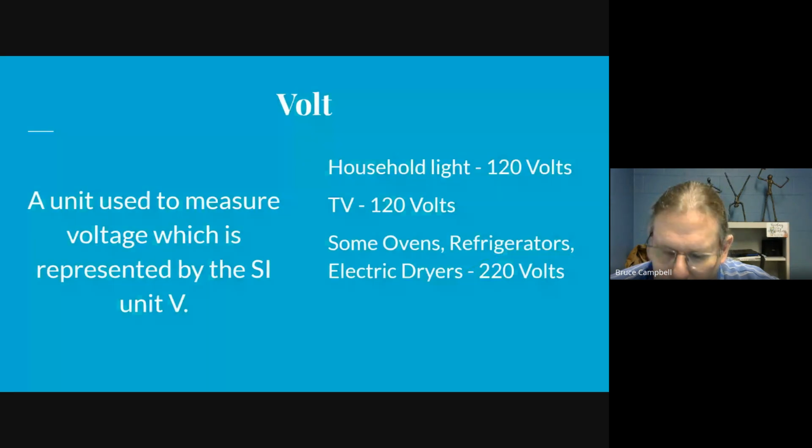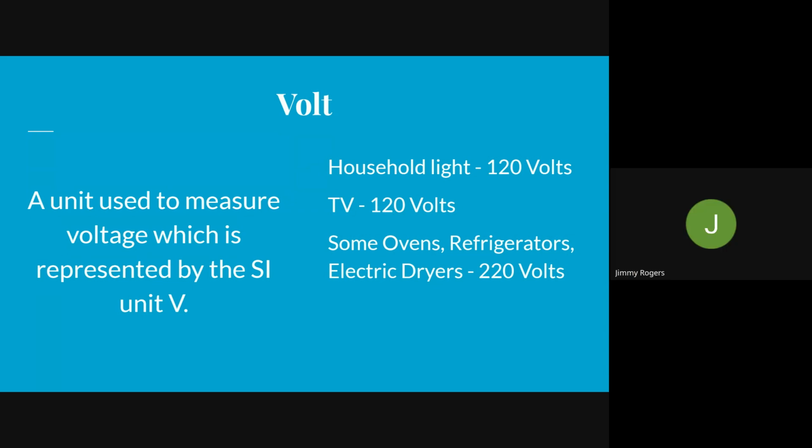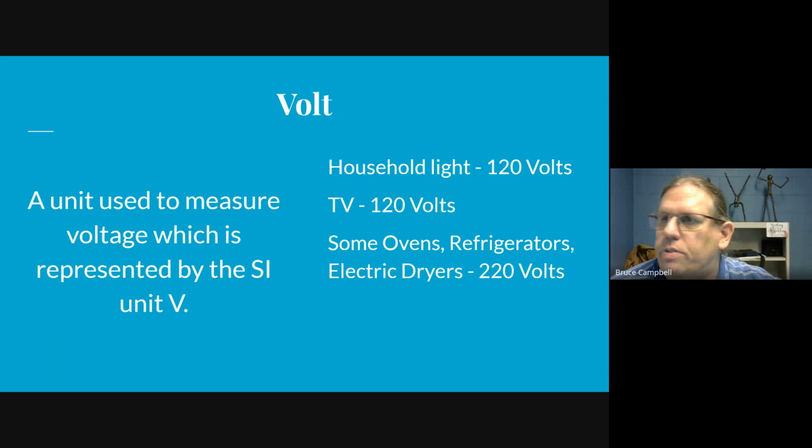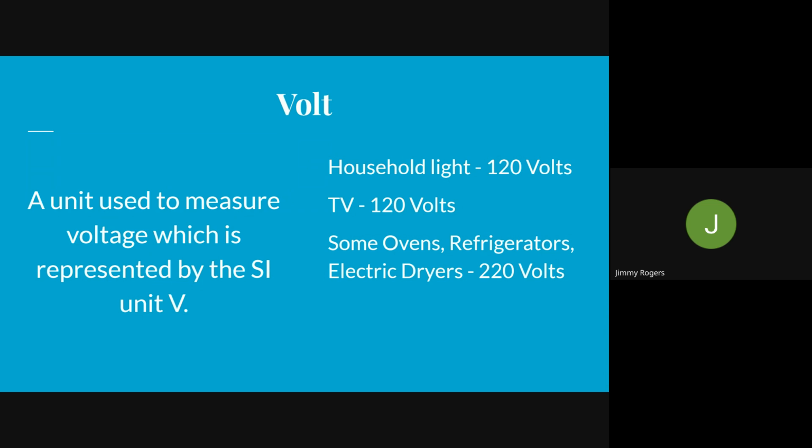Jimmy, I'm going to ask you this. Do you use the same type of plug for 220 or 120 volts? No. Looks a little bit different. Some are sideways prongs.